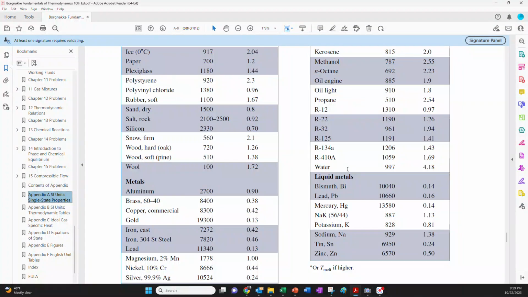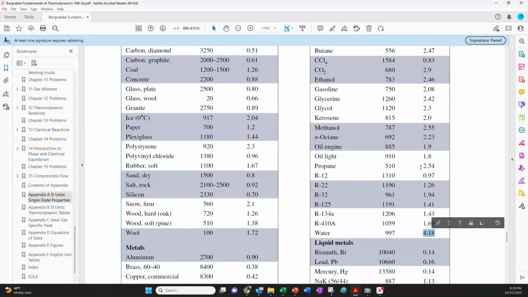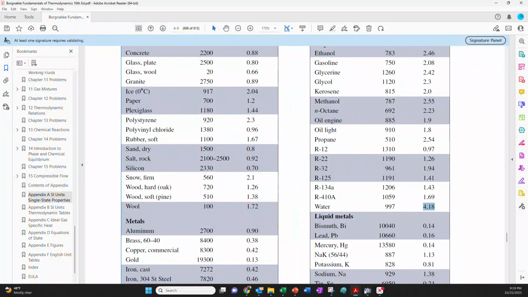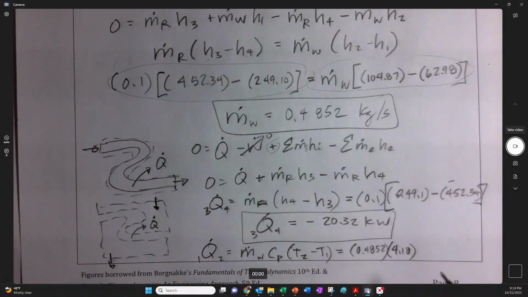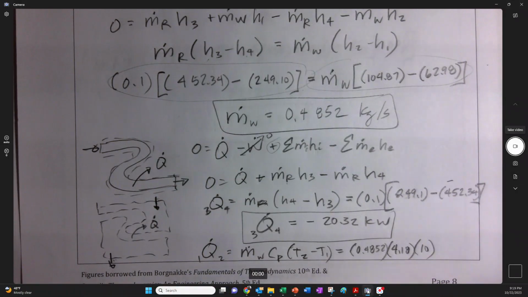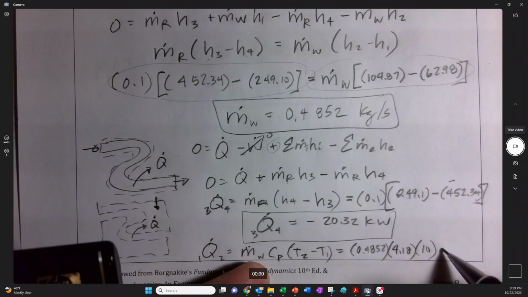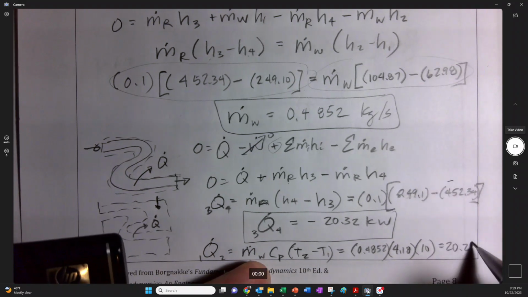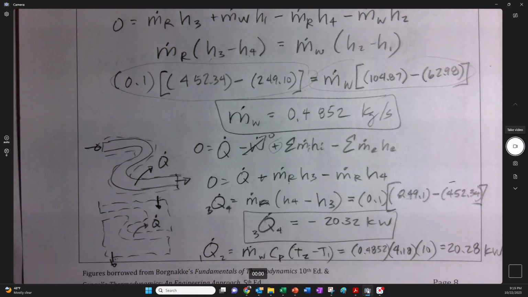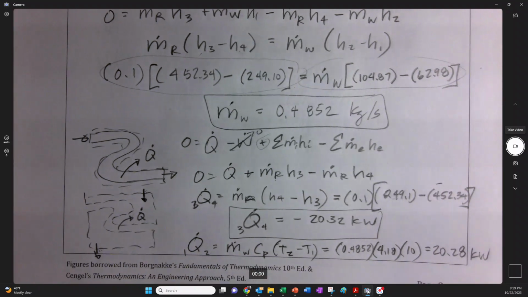You find the specific heat of water is right here, 4.18 kilojoules per kilogram Kelvin. And it's only 10 degrees difference. So 0.4852 times 4.18 times 10, boom, we get 20.28. Damn close. Just a tiny bit off.